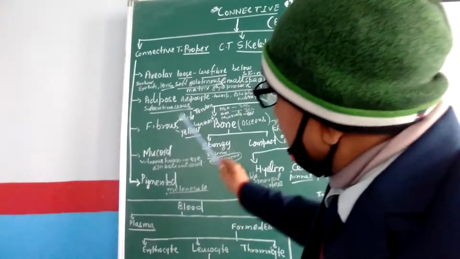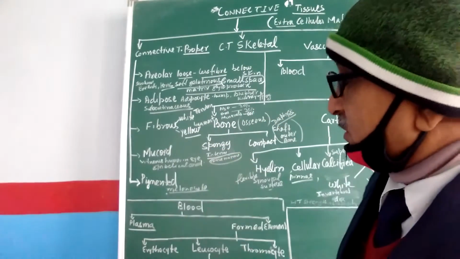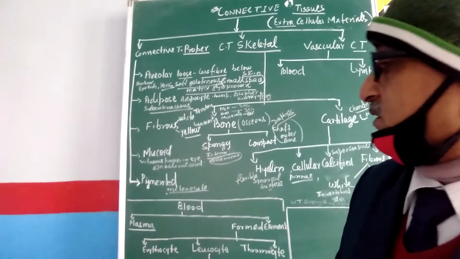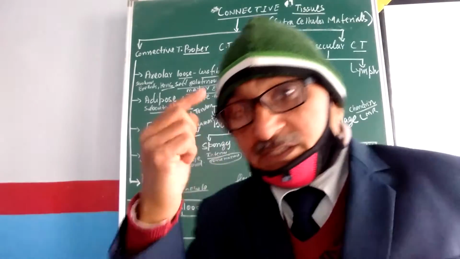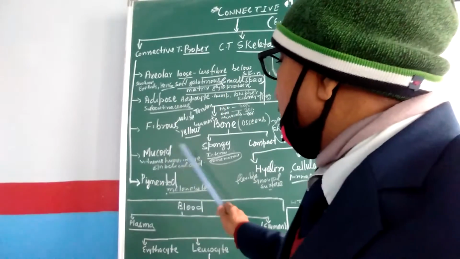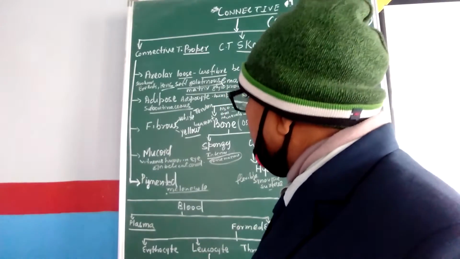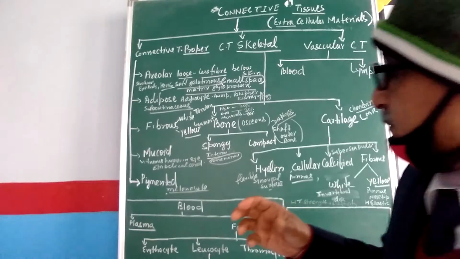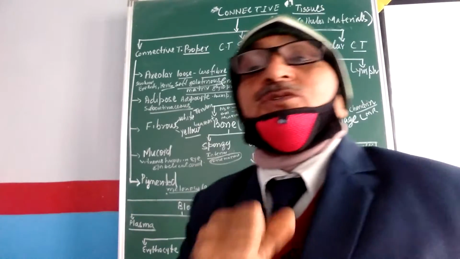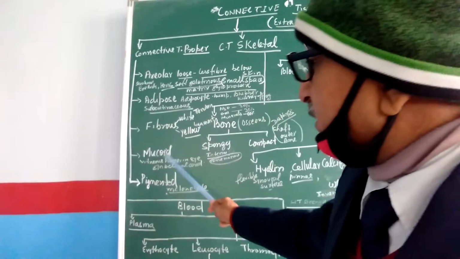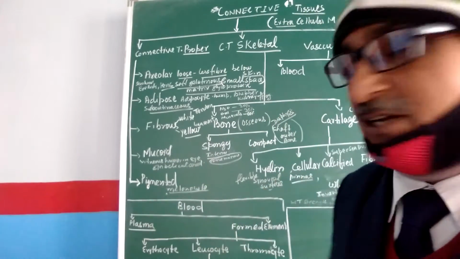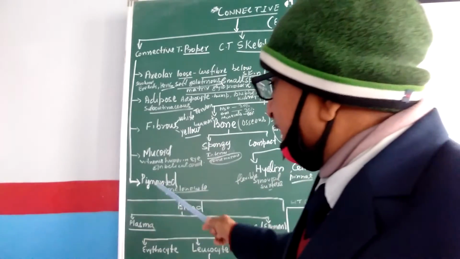So in this way, we have seen the fibrous connective tissue. Mucoid tissue is especially located in the vitreous humor inside the eyeball, or in the umbilical cord. In the early embryonic condition, the umbilical cord also contains this mucoid tissue. So in the early embryonic condition, it is mostly found.